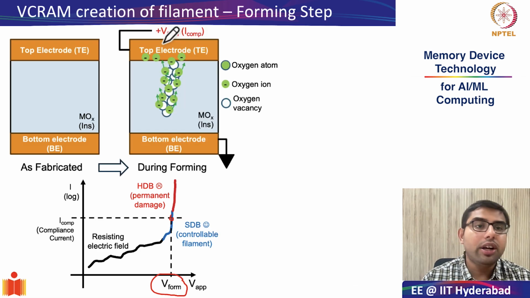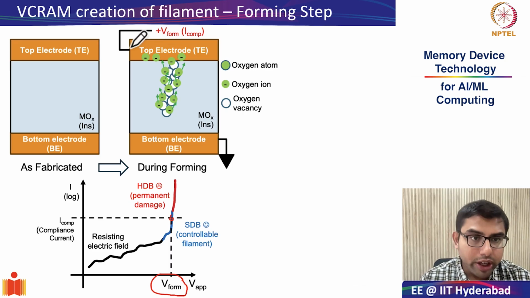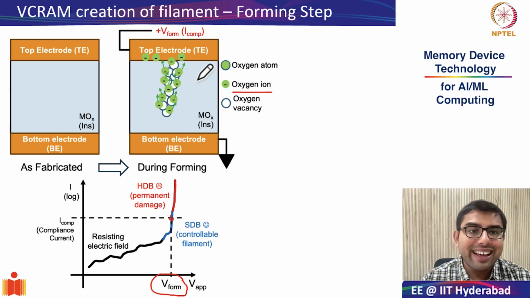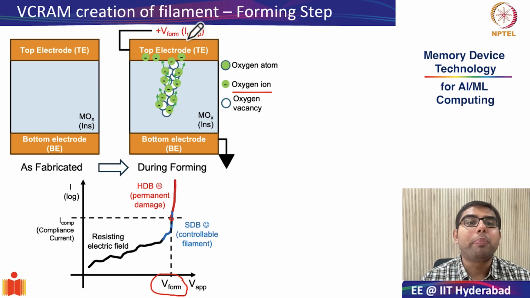As a result, during the forming stage, when you apply a forming voltage with a compliance current, as you can see from the schematic, oxygen anions gain enough energy that they are ripped out of their molecular structure and start moving towards the positively biased top electrode.